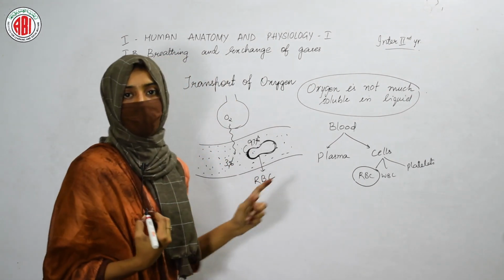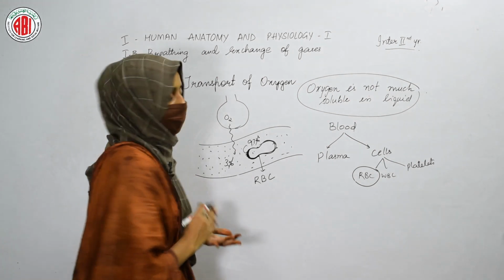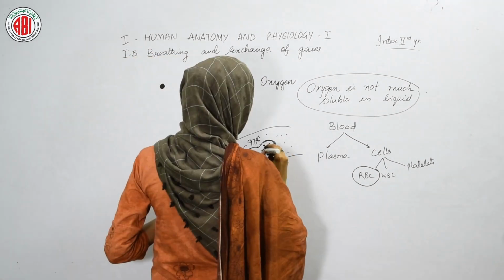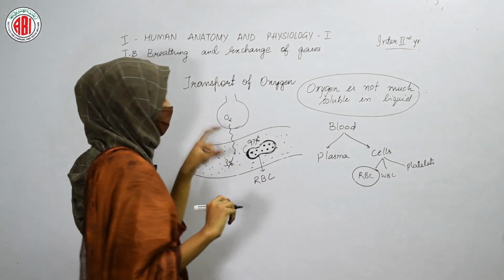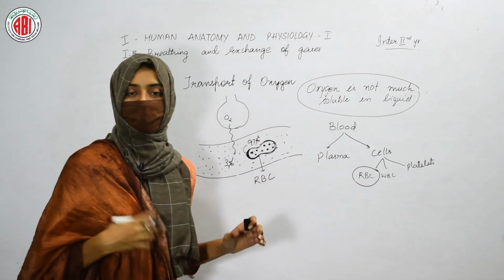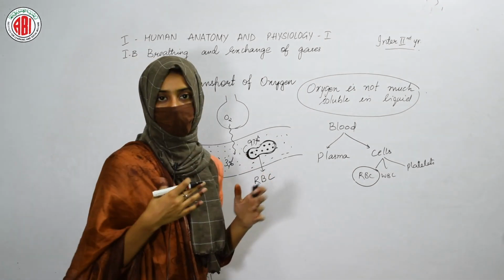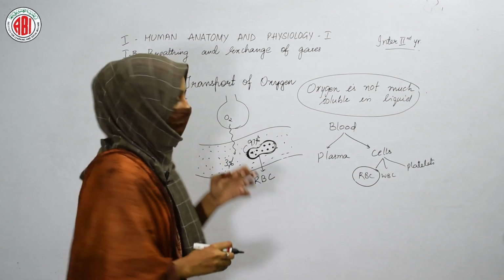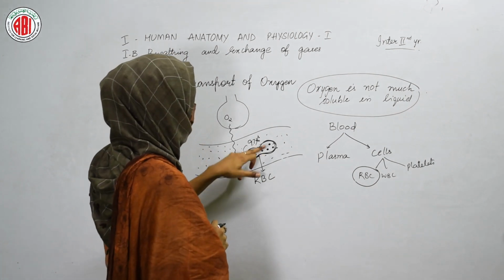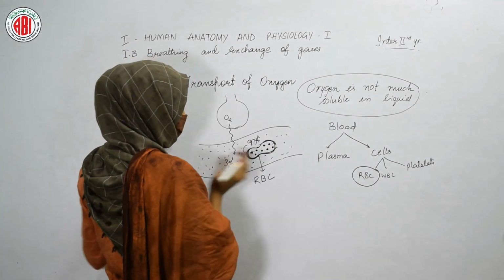And inside the red blood cell, some components are present, some pigments are found that help in binding this oxygen molecule. Once it binds, the oxygen cannot leave the blood capillaries and it cannot go somewhere else.